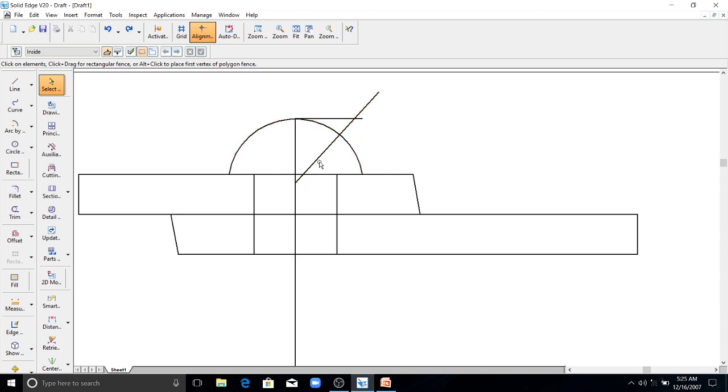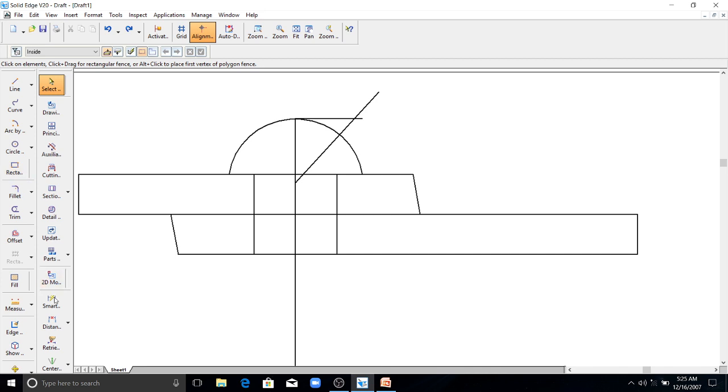This dimension remains the same for the bottom portion also. So you just copy the distance from this line to this center. Similarly, you have this line here. Whatever dimension comes here, you leave here. That will become your new center for drawing the bottom portion of the snap head.